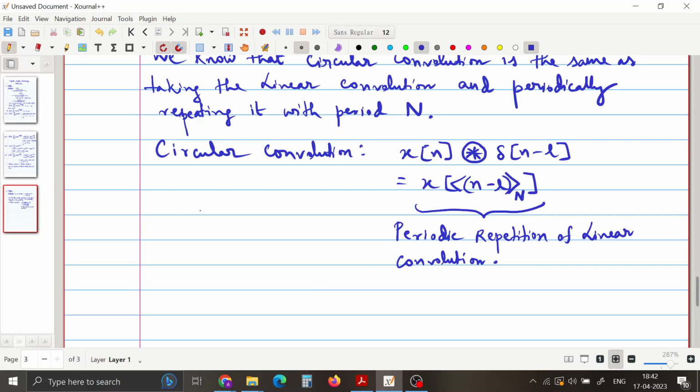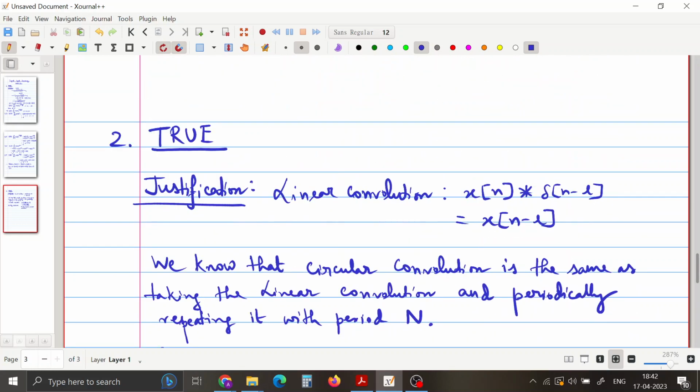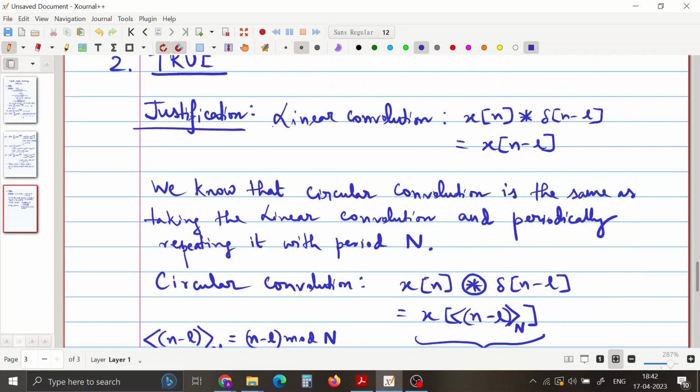And this notation actually means n minus l mod capital N. You should already know this, but still I am writing it for those who are not familiar. So that's it.